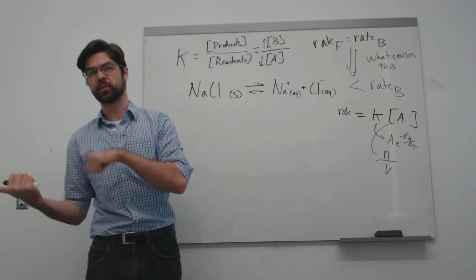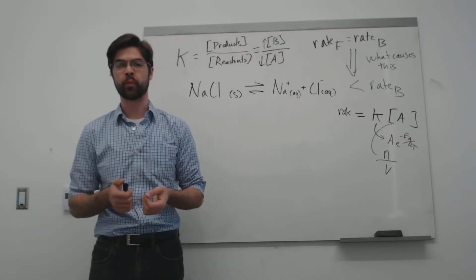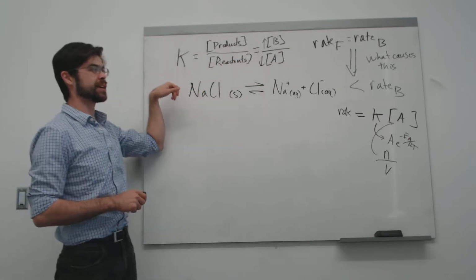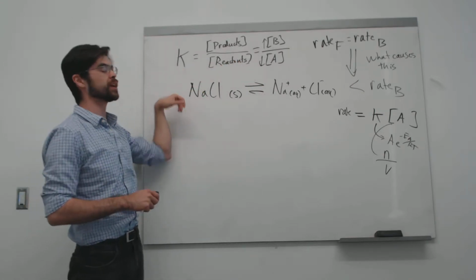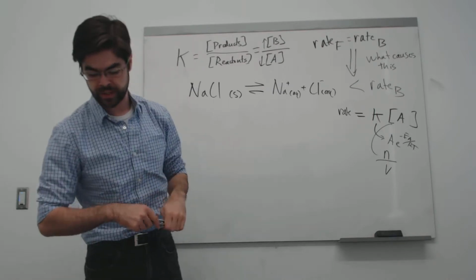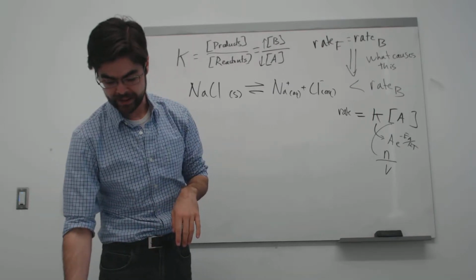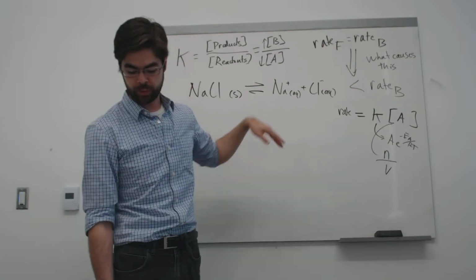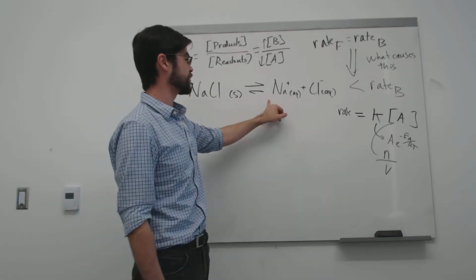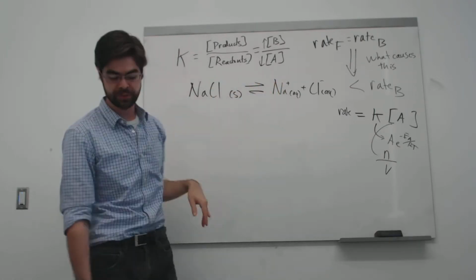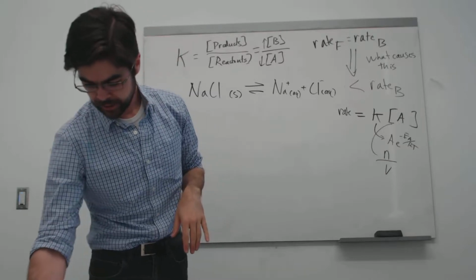So it goes in the opposite way of that stress. If I increase products, the natural tendency for the system is to increase the amount of reactants. In this particular case, if I increase the sodium concentration, the reaction tends to shift to the left.